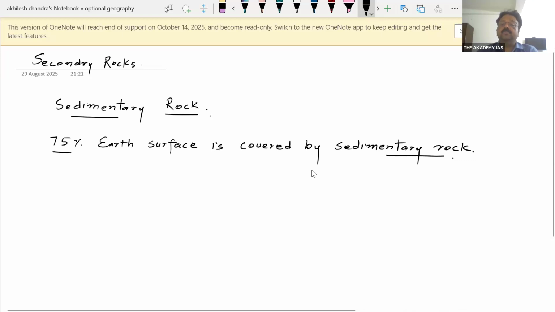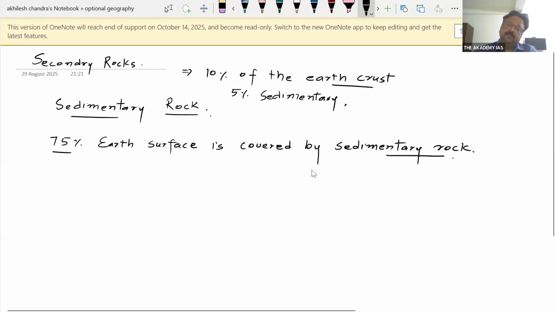And if we talk about the total contribution, secondary rock contributes 10% of the earth crust. So entire earth crust has 10% of secondary rock, 5% belongs to sedimentary, and 5% metamorphic. While 90% is what? Igneous rock.